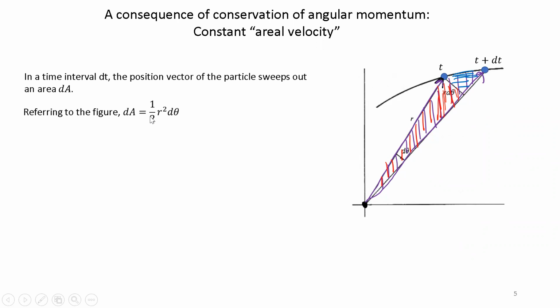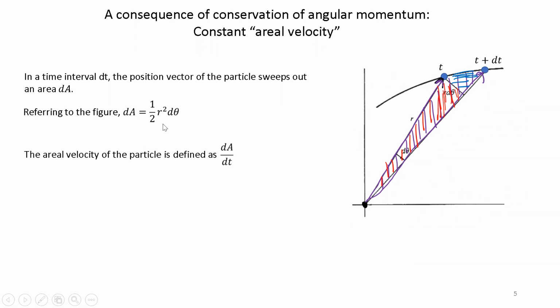So that's 1/2 r squared d theta. As for this other part, I have the r d theta here, and this one is also very tiny, so I can ignore it. It's just a tiny number times a tiny number. So this area is just given by this.